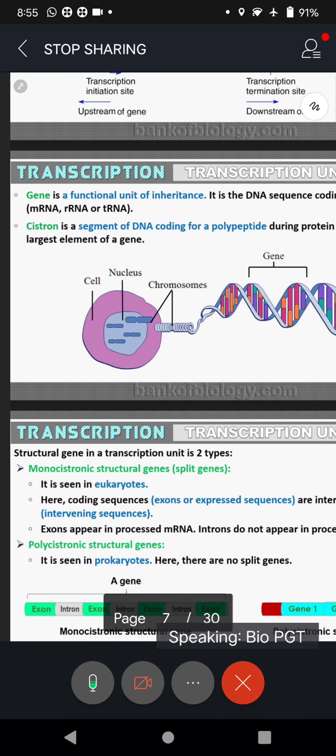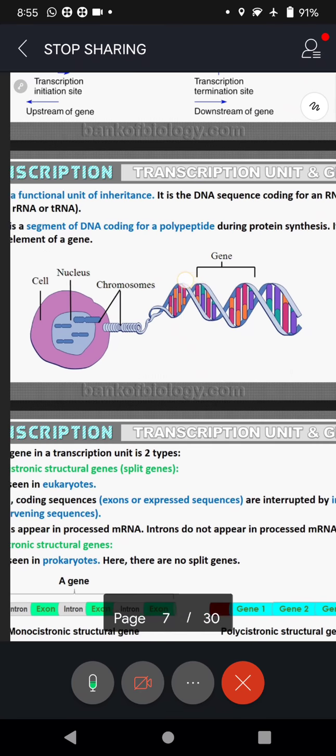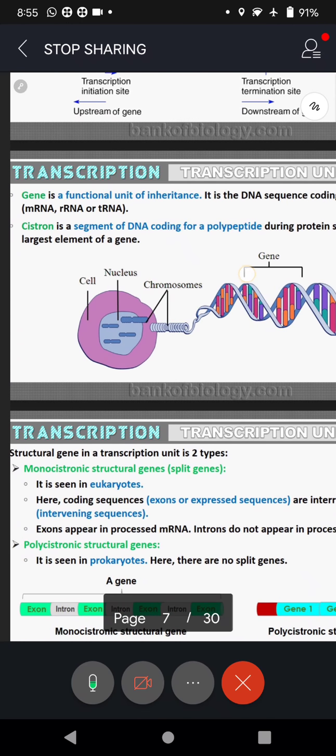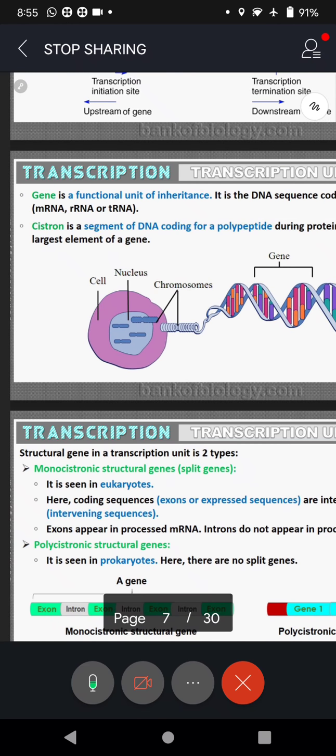Any idea? Yes, chain of amino acids. Very good. Chain of amino acids is a polypeptide chain, and this happens during protein synthesis. So it is the largest element of a gene. Normally, again, a neat exam question: what is a cistron? A functional gene having a polypeptide chain. You can say that, right?